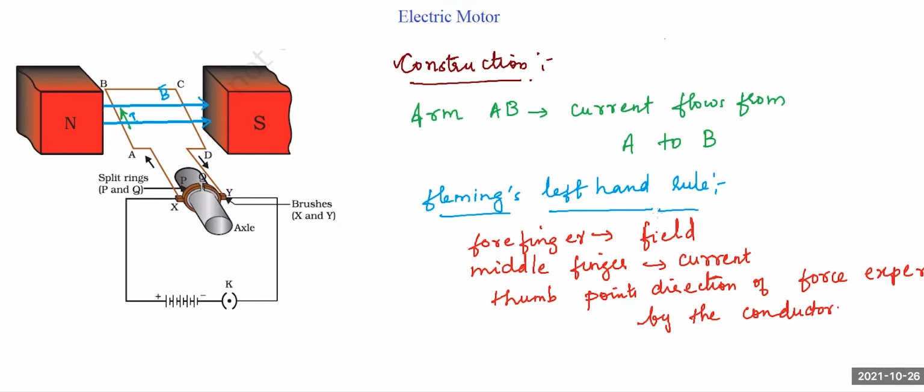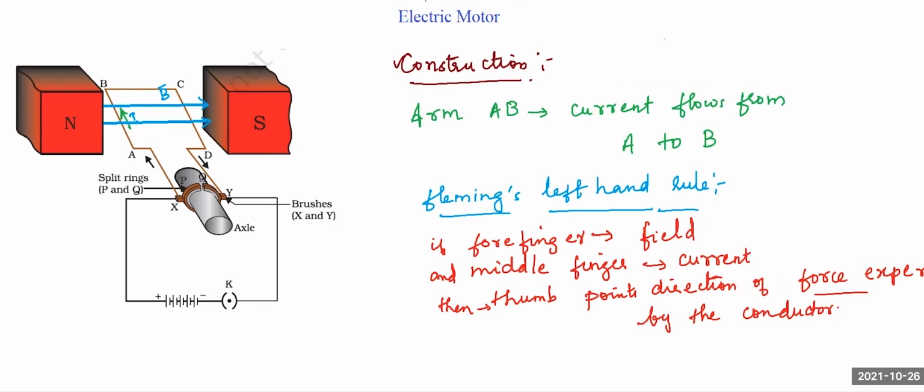So what does it say? If you stretch the three fingers of the left hand, namely thumb, forefinger, and middle finger, in such a way that they are mutually perpendicular, and if the forefinger represents the field and the middle finger represents the current, then the thumb points in the direction of the force experienced by the conductor.